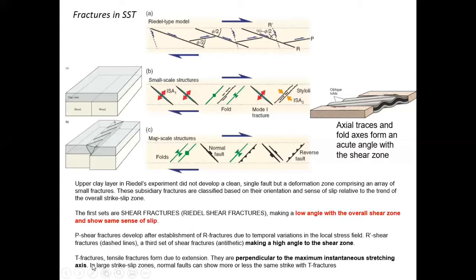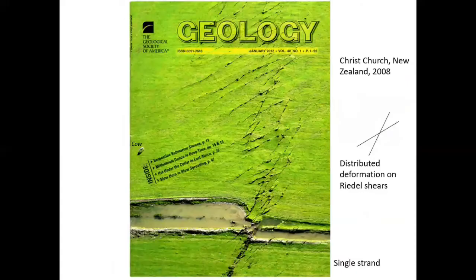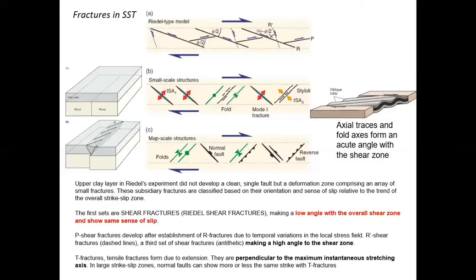T tensile fractures form due to extension. Some regions will be extensional, and then those extensional areas will form extensional tensile fractures in the same fault zone.